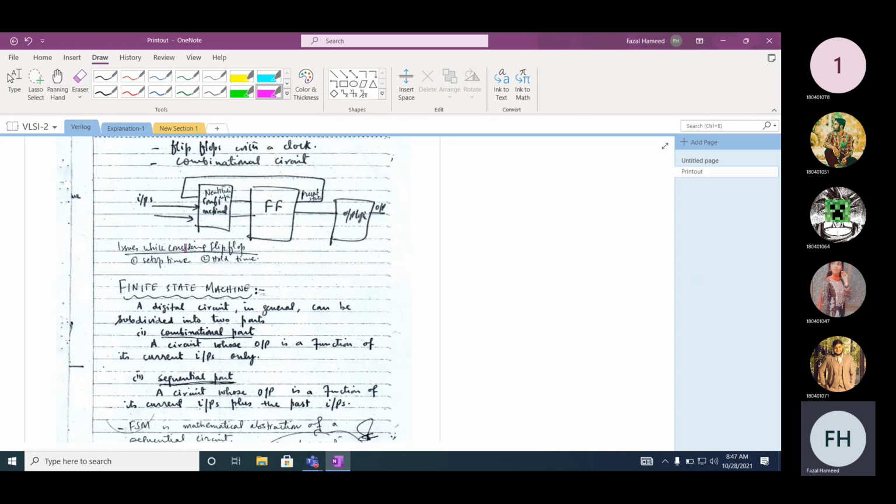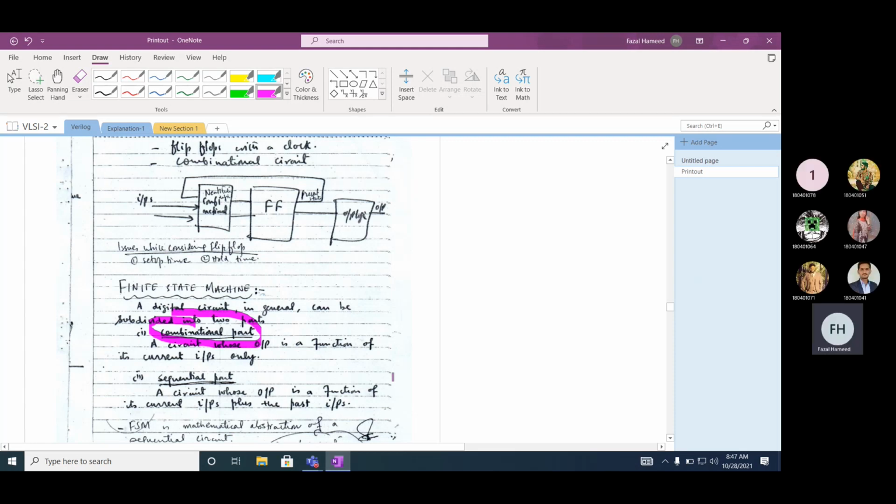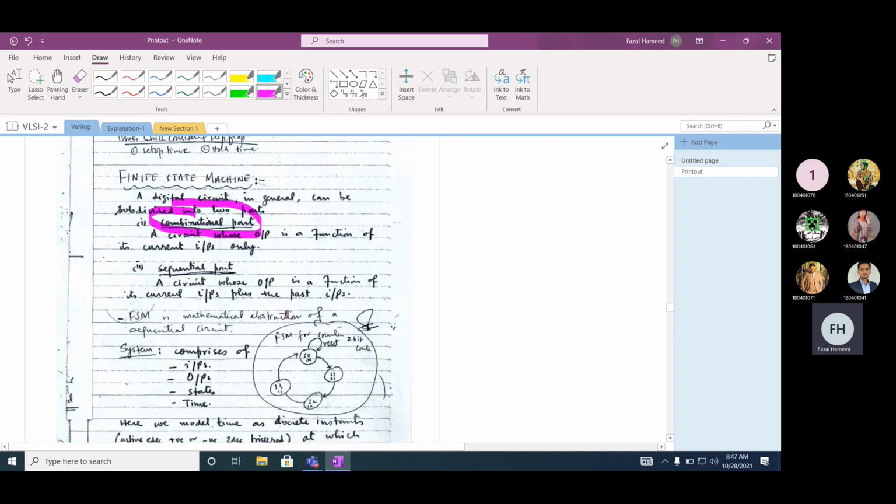In a combinational part, the circuit's output is a function of its current inputs only. But in a sequential part, the output is not only a function of its current input, but also depends on the state.